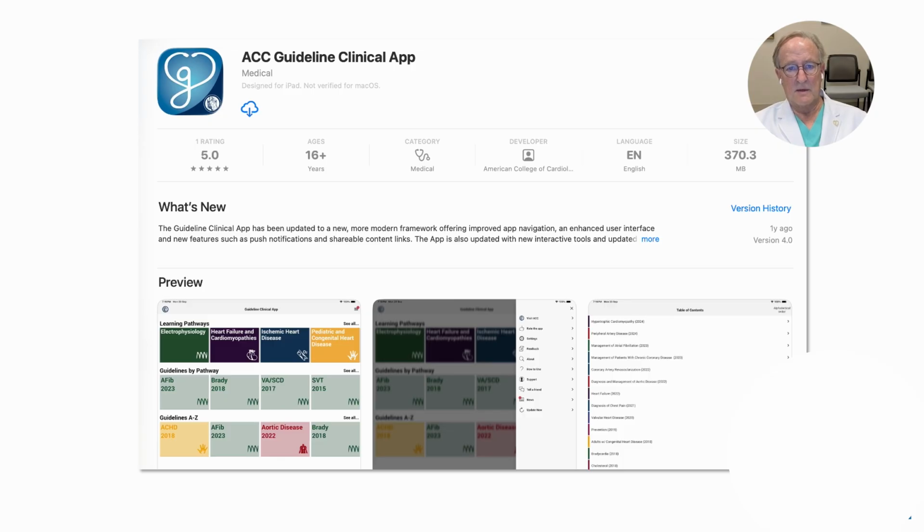It's available in Android or iPhone versions, and you can find guidelines for anything, literally from bradycardia to structural heart disease guidelines that may be of interest.